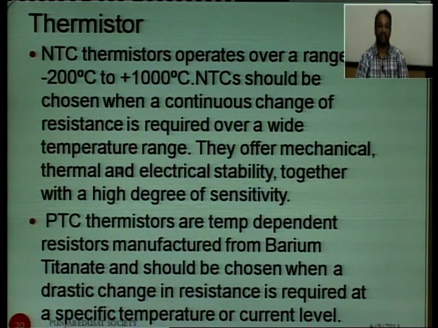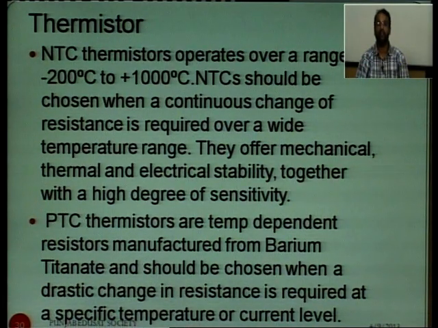NTC, that is negative temperature coefficient thermistors, operates over a range of minus 200 degrees centigrade to plus 1000 degrees centigrade. NTCs should be chosen when a continuous change of resistance is required over a wide temperature range.